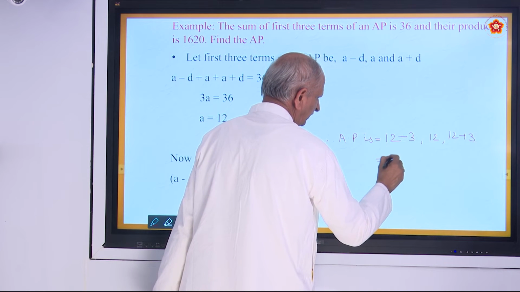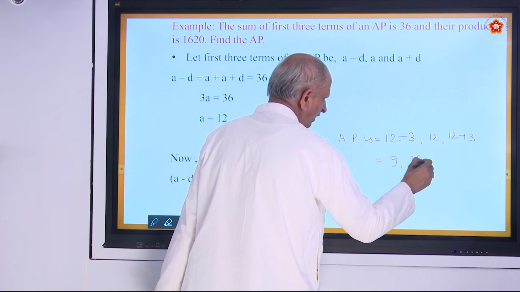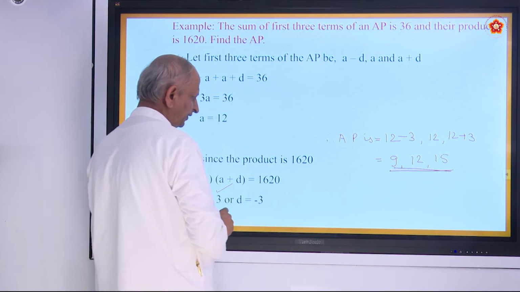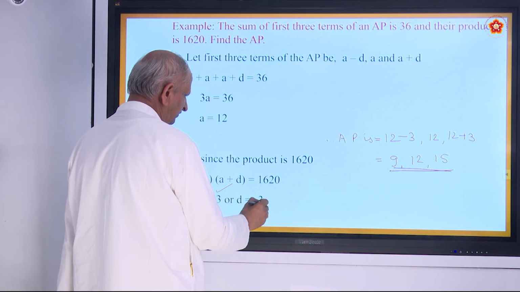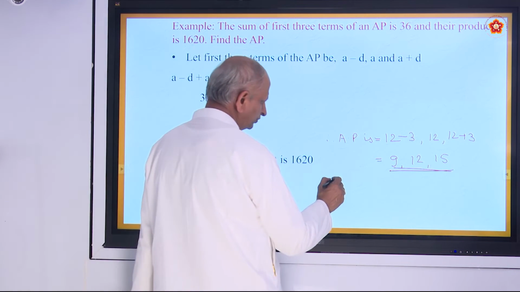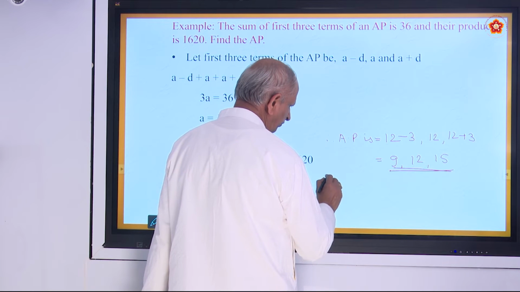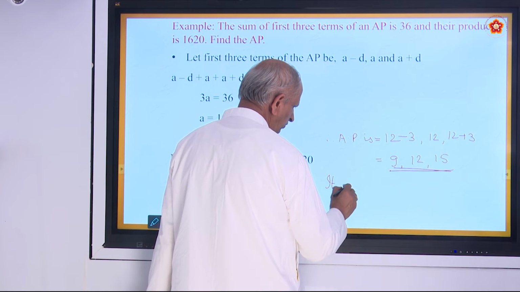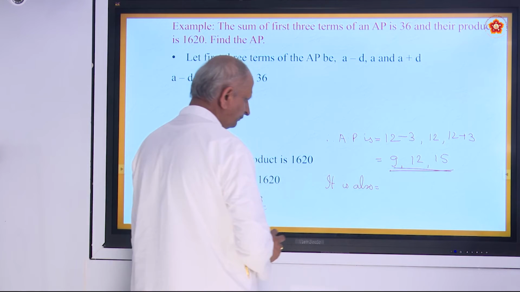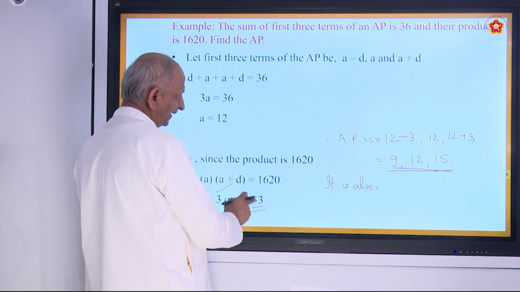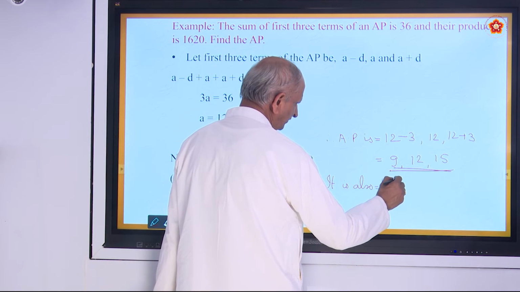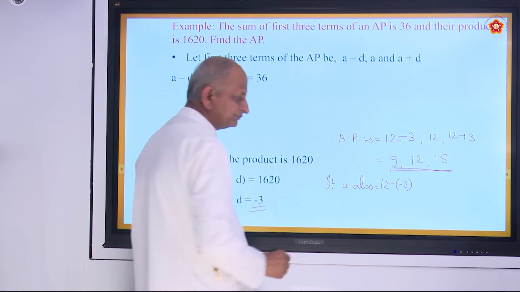So, it can be 9, 12 and 15, that is one answer. Second answer is, suppose you take minus 3 as a value, then AP will also be, it is also equal to, if you take minus 3, so 12 minus of minus 3.